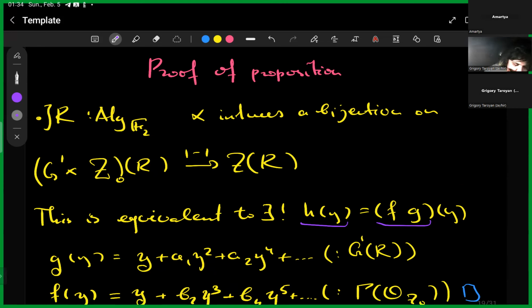This is a purely algebraic fact that if we have two polynomials and we take their composition, then we actually can solve the equations back and get the coefficients of these polynomials.